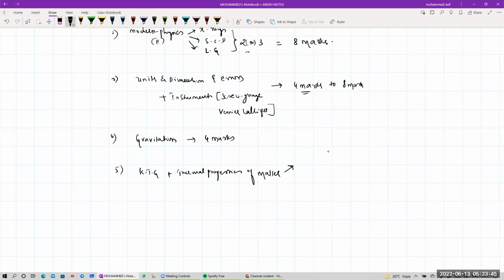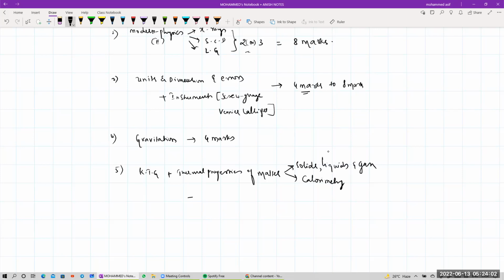Thermal properties of matter means solids, liquids, direct formula based better, and gases. And one more topic in this one is calorimeter, direct formula based topic. Okay.